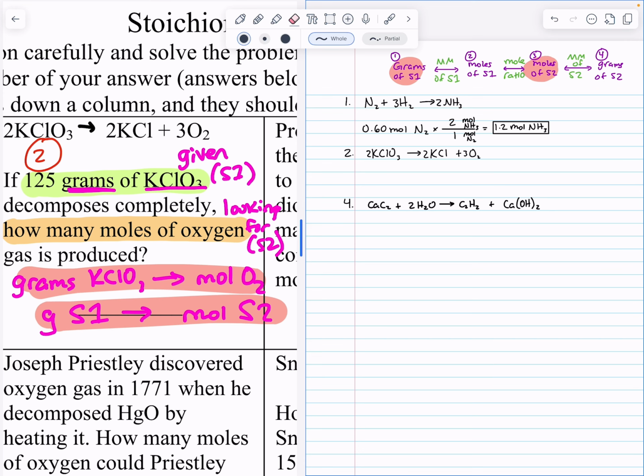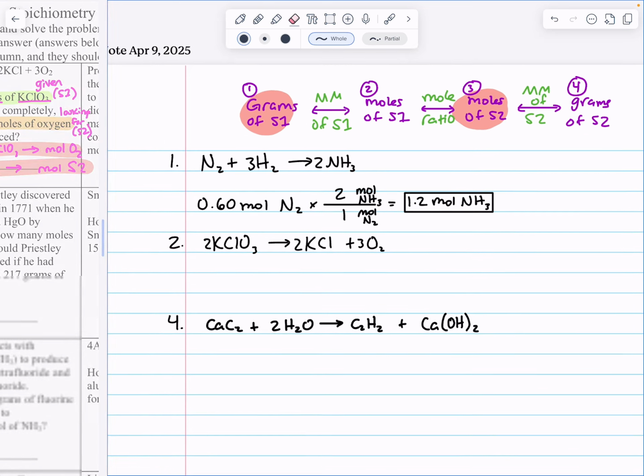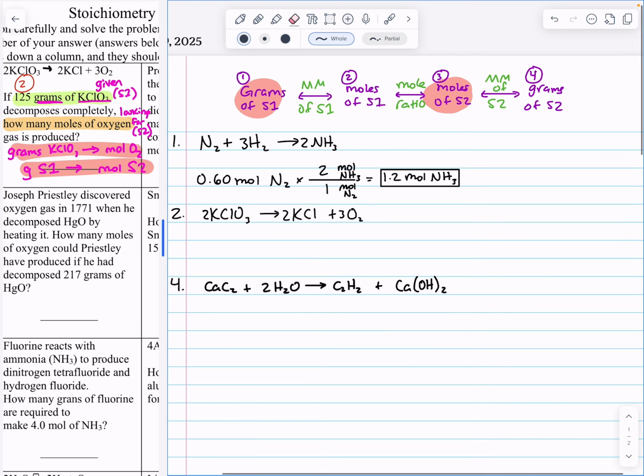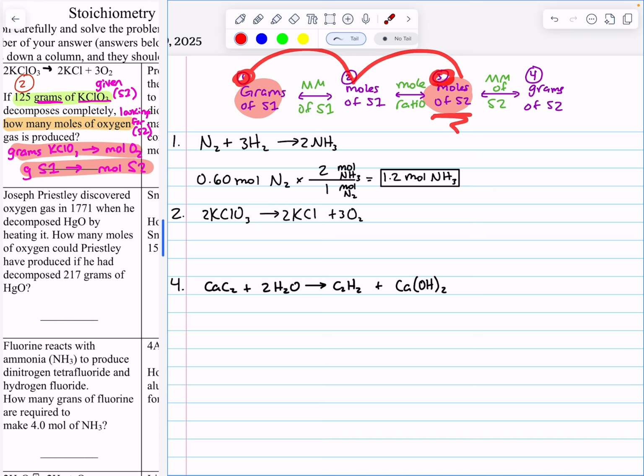Now, from step 1 to get all the way to the red highlight over here, it is 2 steps, 2 fractions, 2 conversion factors. I start with my given, 125 grams of KClO3.